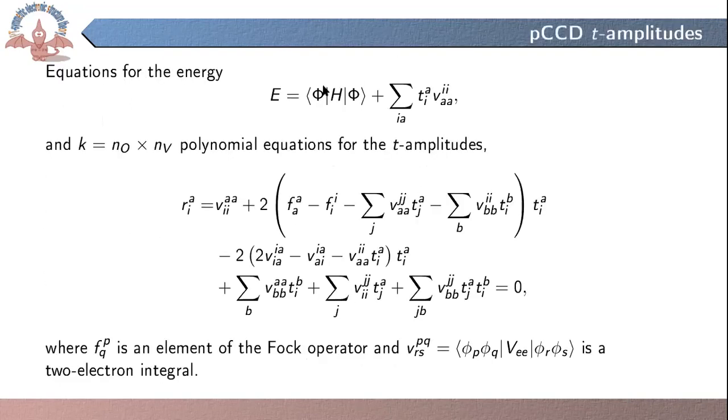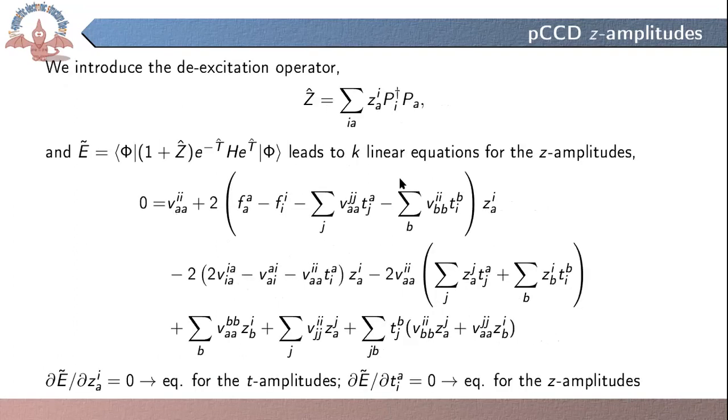So here is the equation for the energy, and then you have a set of K equations, where K is the number of occupied orbitals times the number of virtual orbitals, polynomial equations for the T amplitudes. They involve matrix elements of the Fock operator and two-electron integrals, and I have to solve them for the T's, and this is all coupled. Each single equation depends on all the other T amplitudes.